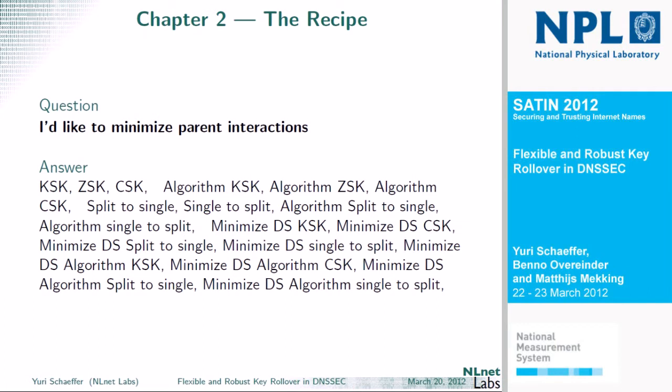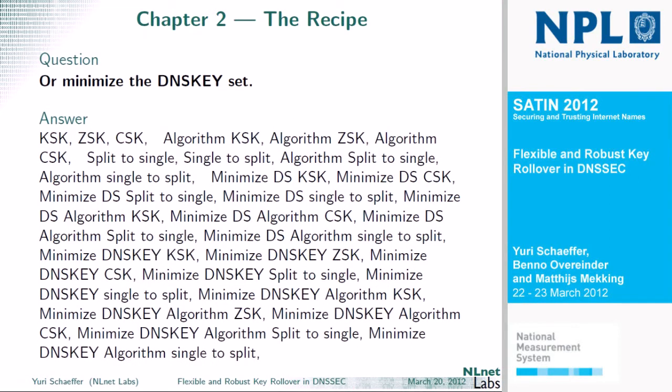So, while we're at it, I also like to minimize the number of DS records at my parent, because maybe changing the DS is a difficult process. It takes a long time, so I'd like to publish the least number of DS records as possible at the same time. Sure, more recipes. If I can do this, I can also, of course, do the same for the DNS key.